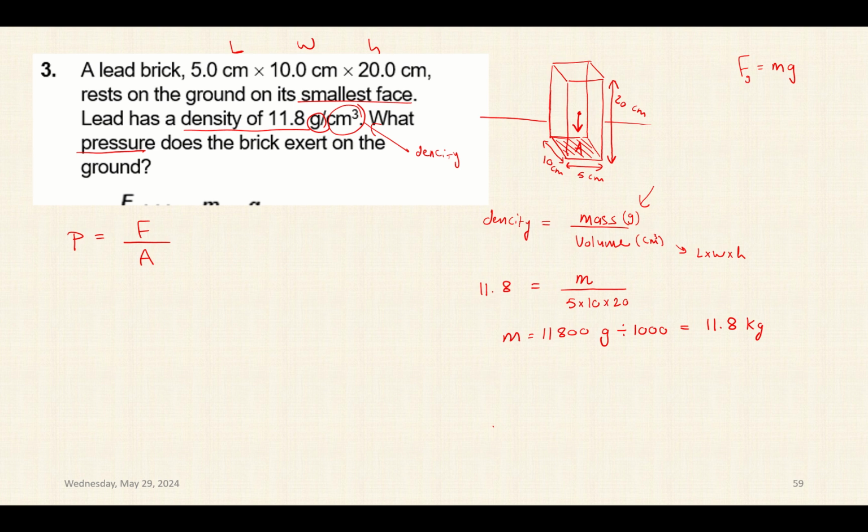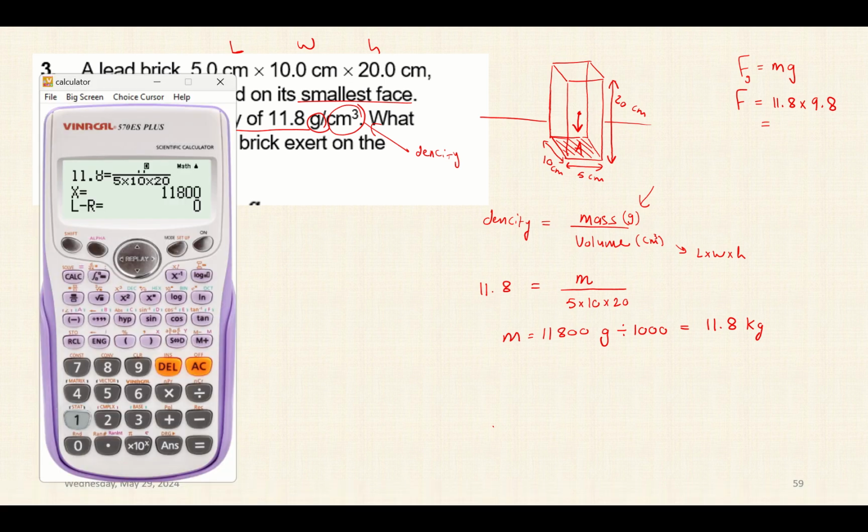Now that we have the mass, we can find the weight, or the weight that exerts the force on the area. 11.8 times g, which is 9.8, gives you 115.64.